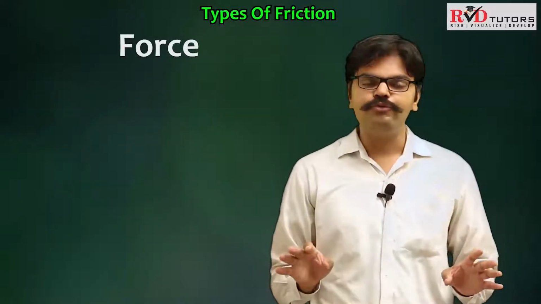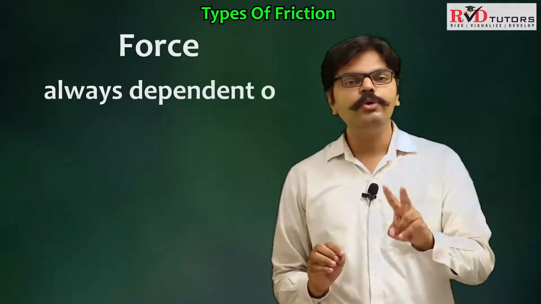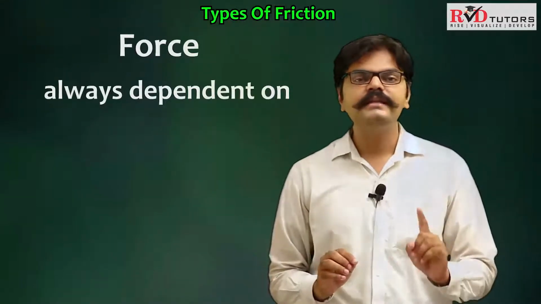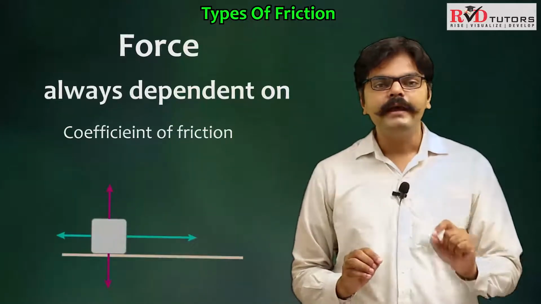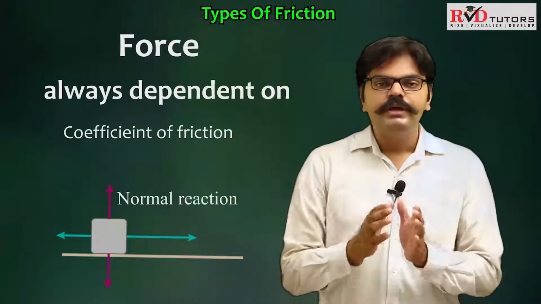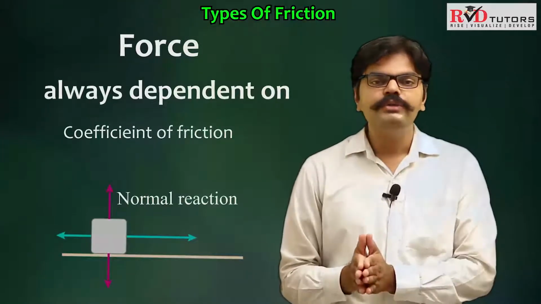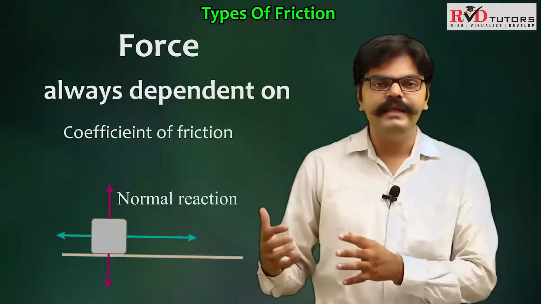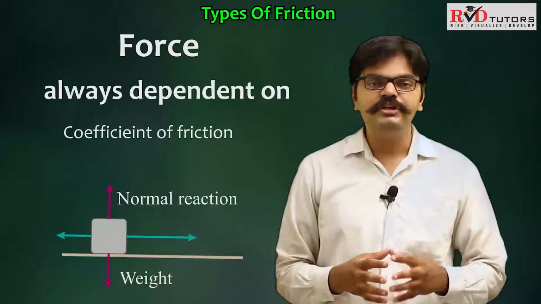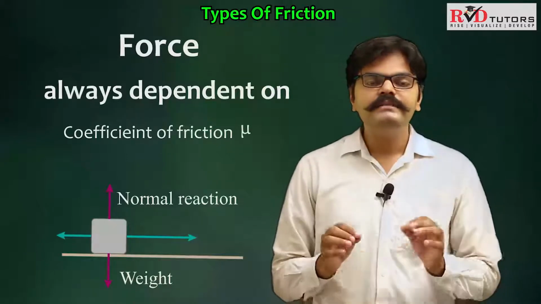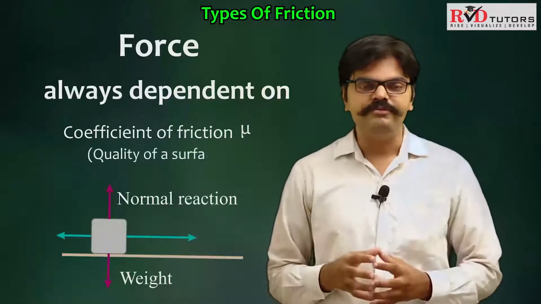let it be any sort of force, it is always dependent on total two things. First is nothing but called the coefficient of friction and another is the normal reaction. Regarding normal reaction, we do know that it is nothing but the opposite reaction to that of our weight, and the coefficient of friction, which is denoted by mu, is a quality of a surface.